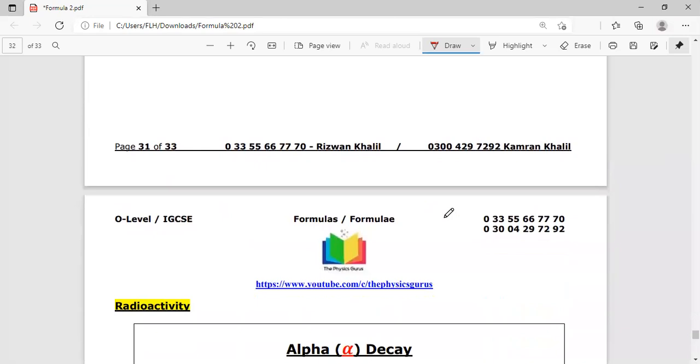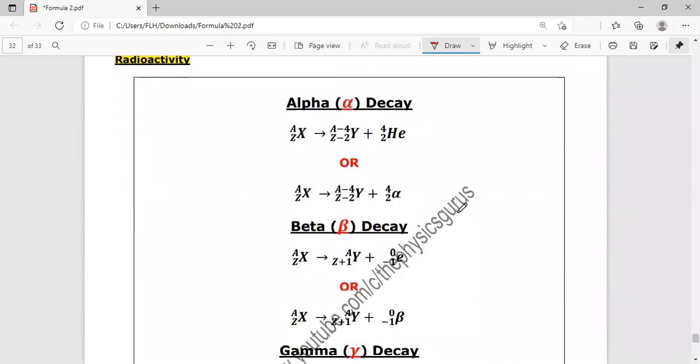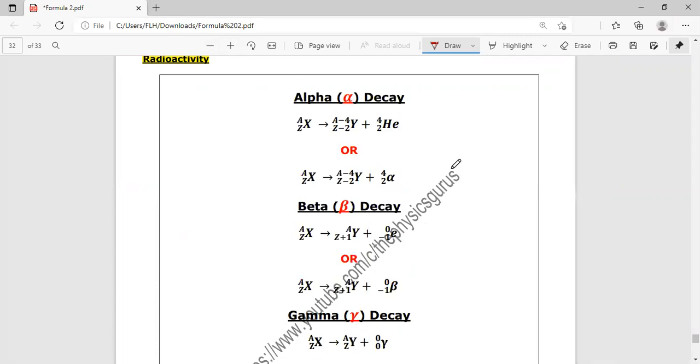And then the next formula is for radioactive decay. In alpha decay, the values of the new element will be like this: the value of A will be reduced by 4, the value of Z will be reduced by 2. For beta decay, the value of A remains as it is and the value of Z will be increased by 1.